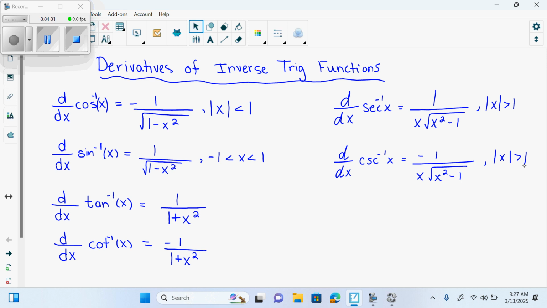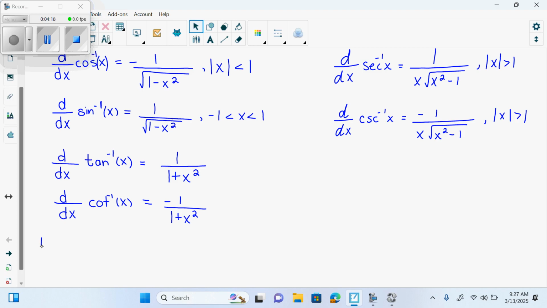All right. The hardest part about these is not the work, it's actually memorizing these. So we'll do: find y prime of y equals sine neg 1 of 4x squared. Copy the chart.